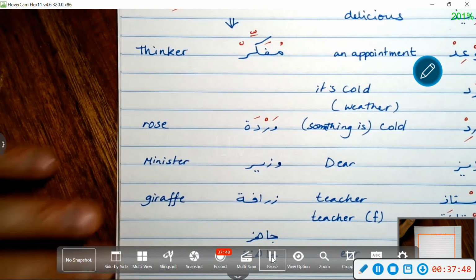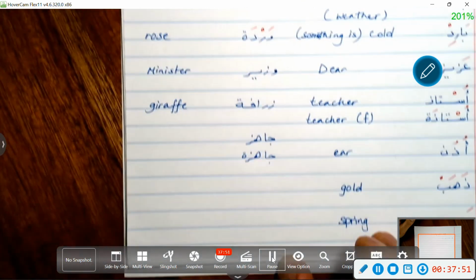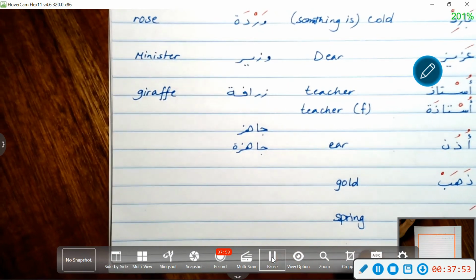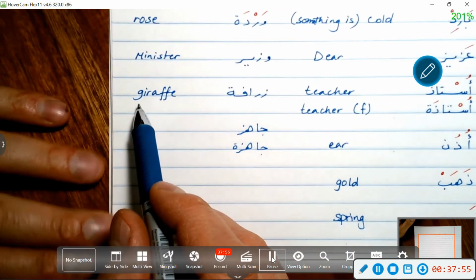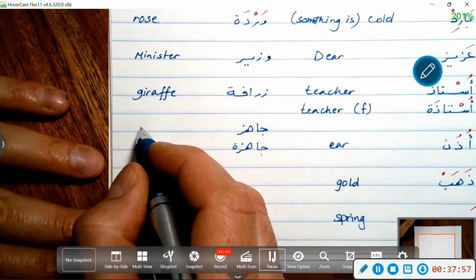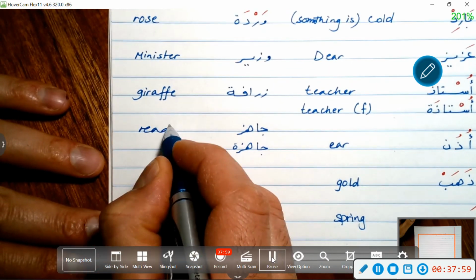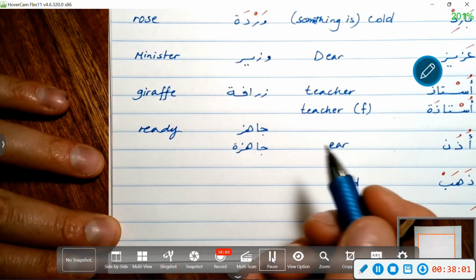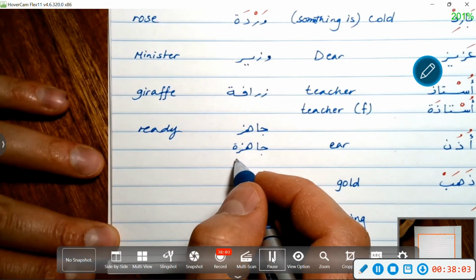So I have Zarafa, which is giraffe. I have Jahiz, it means I'm ready, or he's ready. Jahiza, it means I'm ready for the female, or she's ready for the female.